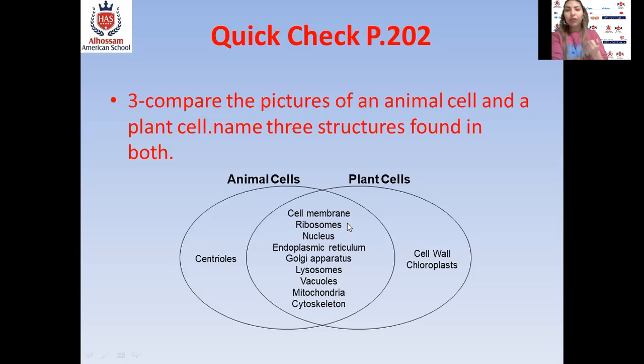Let's repeat it together now. Cell membrane, ribosomes, nucleus. You can repeat after me. Endoplasmic reticulum, Golgi apparatus, lysosomes, vacuoles, mitochondria, cytoskeleton.